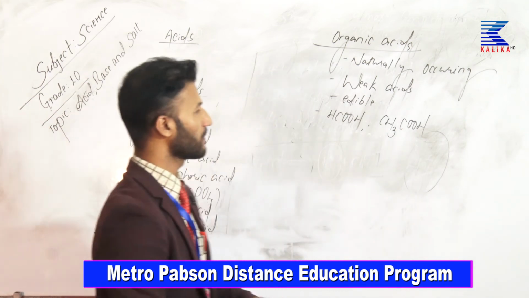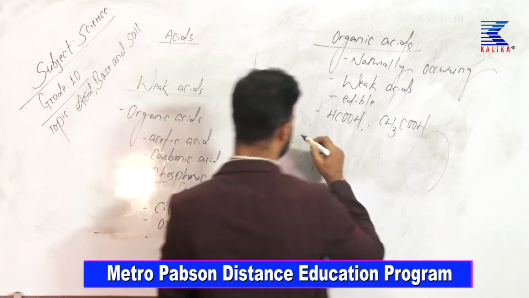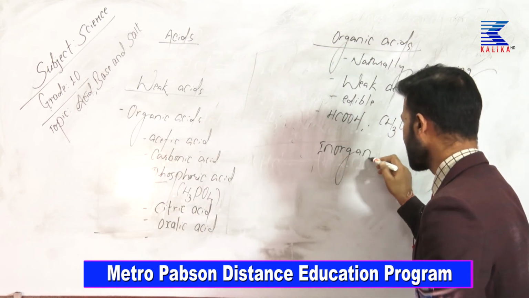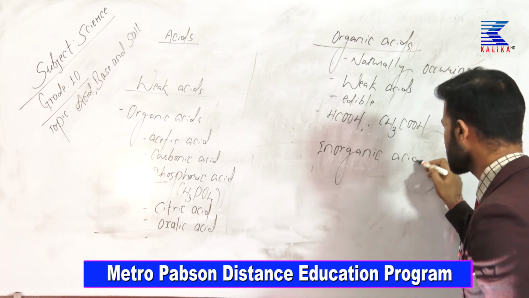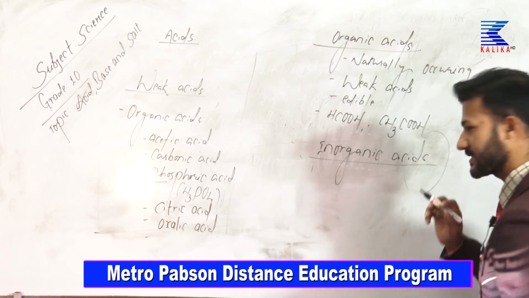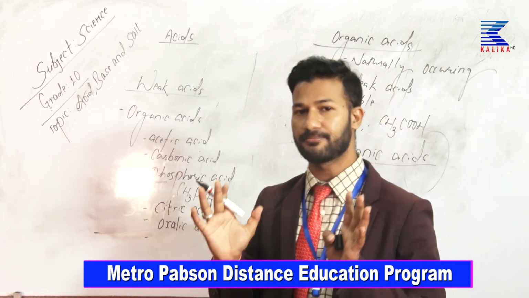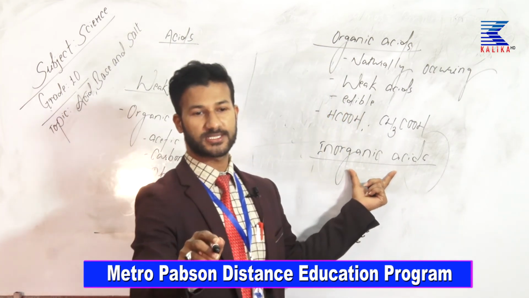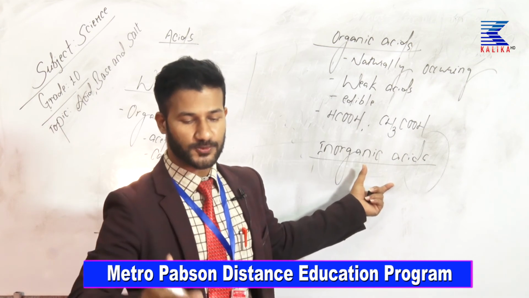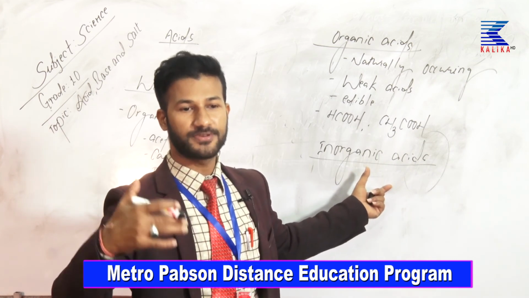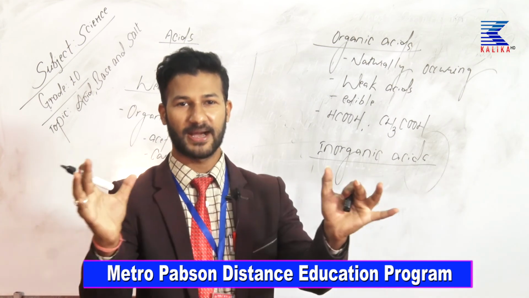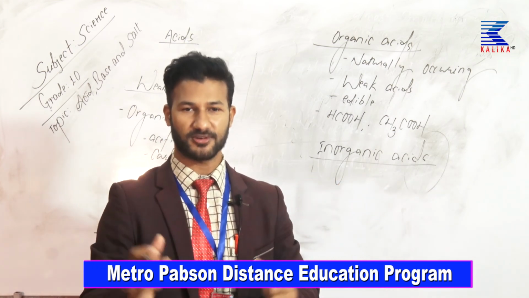So next, inorganic. I don't need to explain it more, you know why? Because just the name is different and the way it is categorized is different, otherwise the main theme is the same. Inorganic acids are those acids which are not organic, right? Means which are prepared artificially in a chemical lab by combining different minerals found in the Earth's crust.